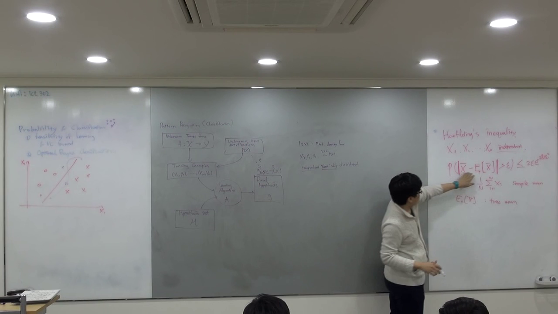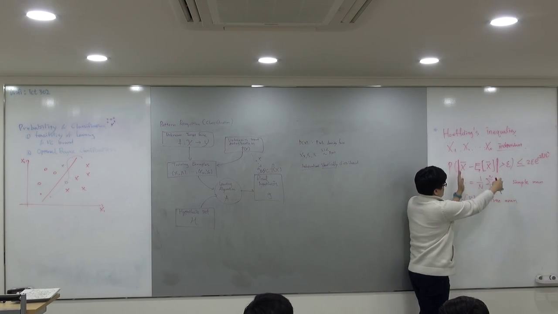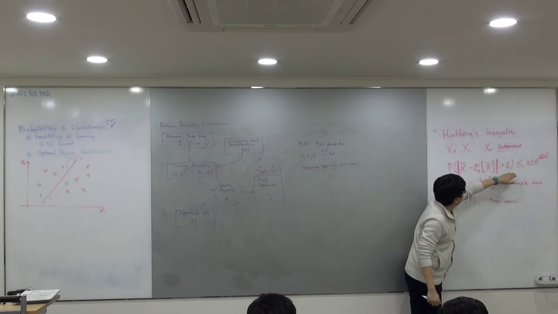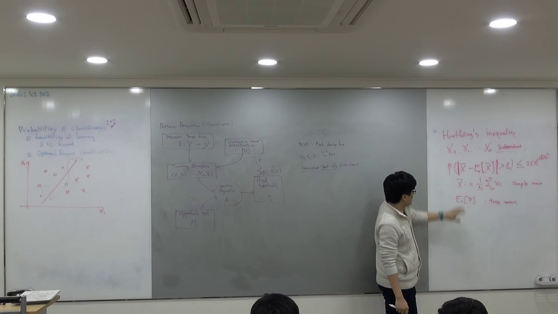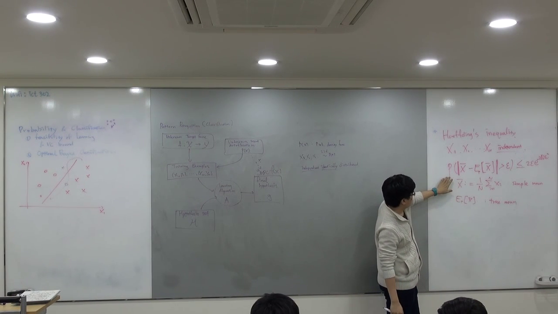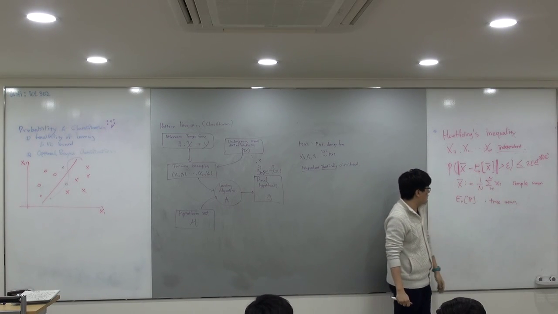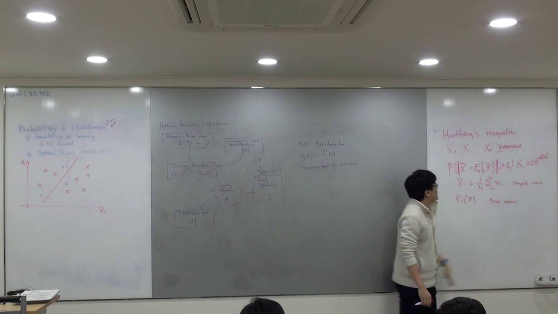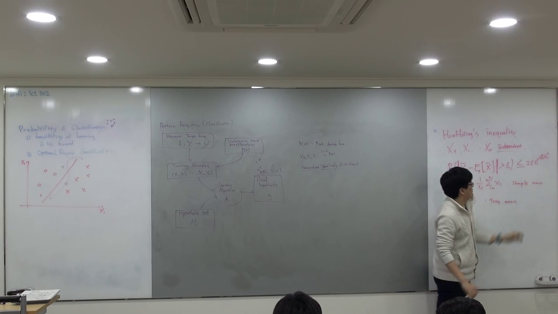And you take the absolute value of the difference between these two, and what this term means is that the probability that the difference between the sample mean and the true mean is bigger than some small value epsilon is smaller than this value.